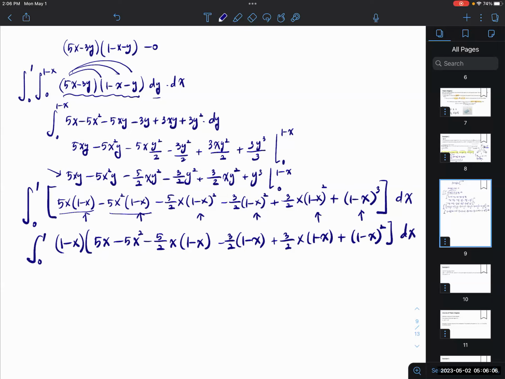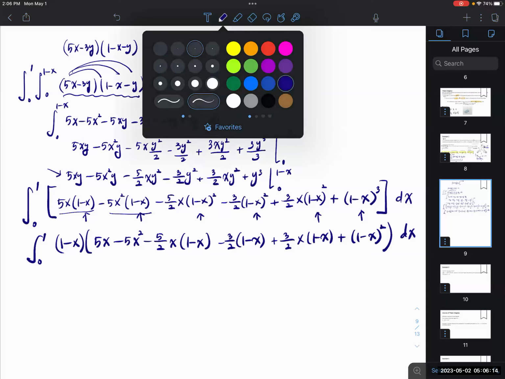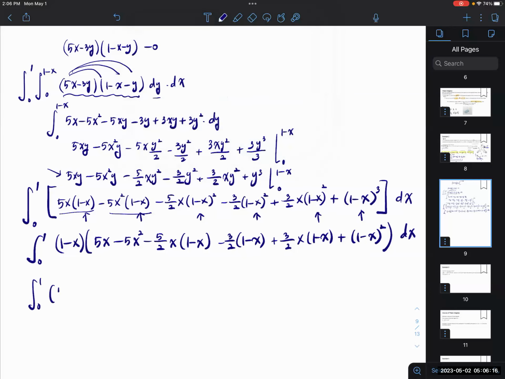Okay, we are going to try to simplify the work here. What I'm going to do is expand everything.